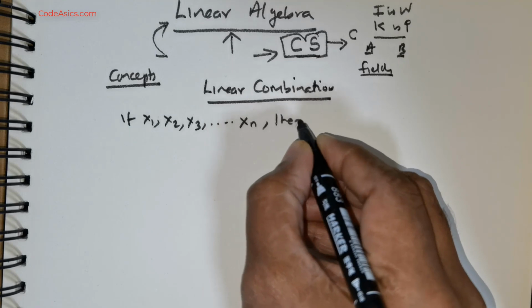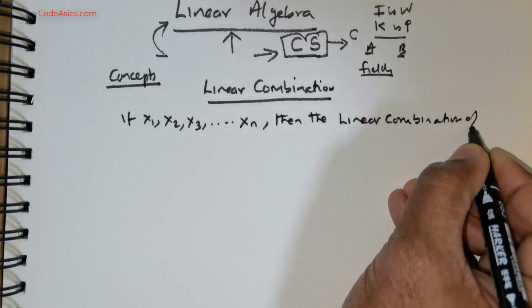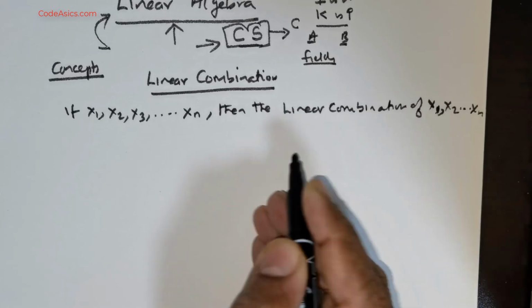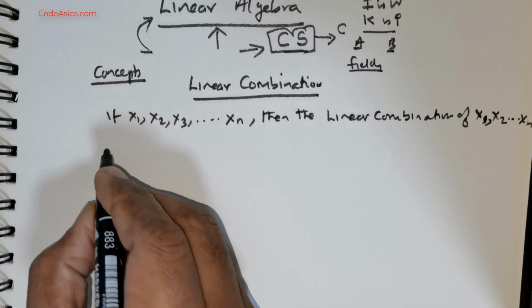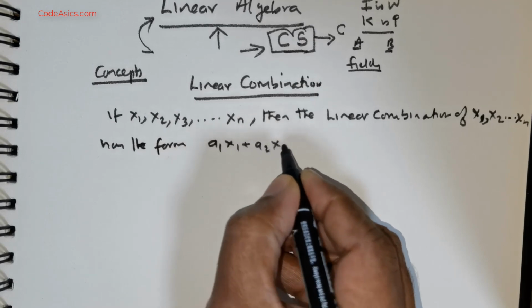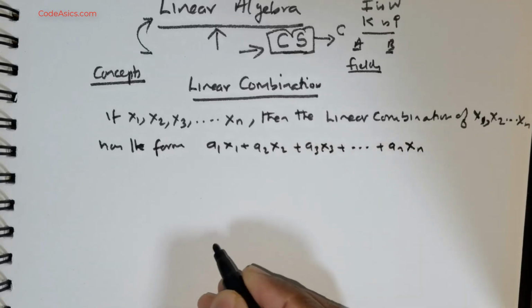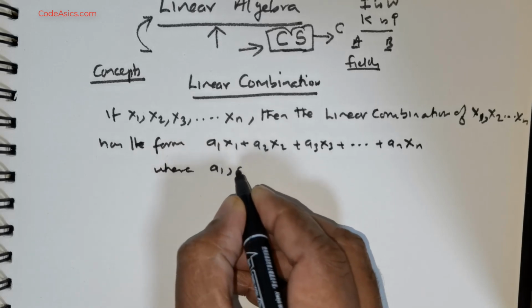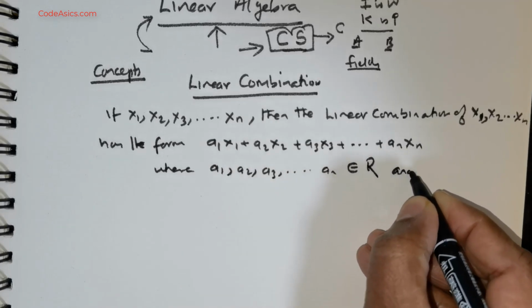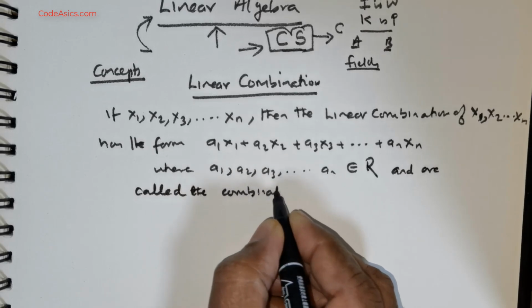Then the linear combination of these variables, say x1, x2, etc., xn, is of the form a1 times x1 plus a2 times x2 plus a3 times x3 plus etc. plus an times xn, where a1, a2, a3, etc., an are elements of real numbers and are called the combination coefficients.